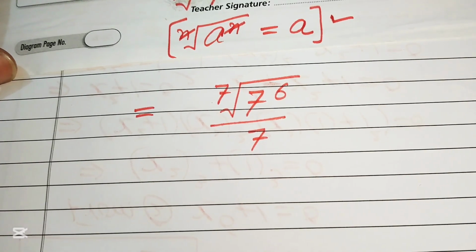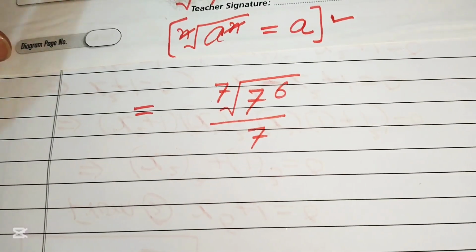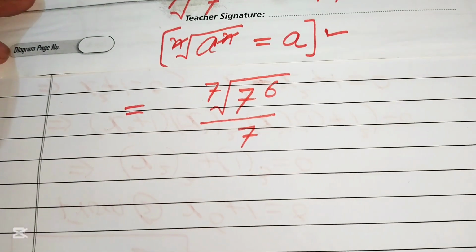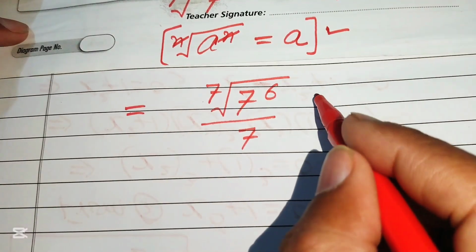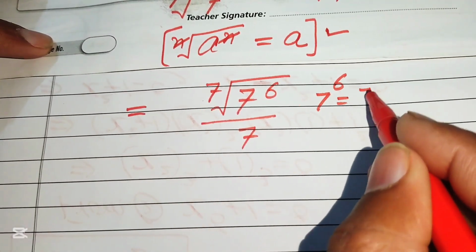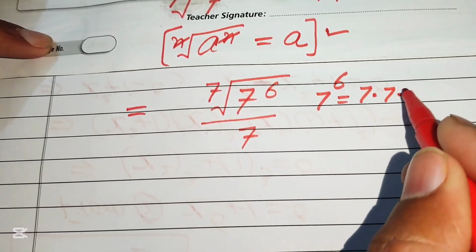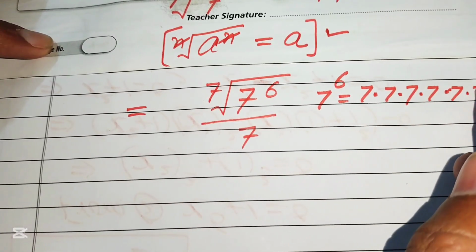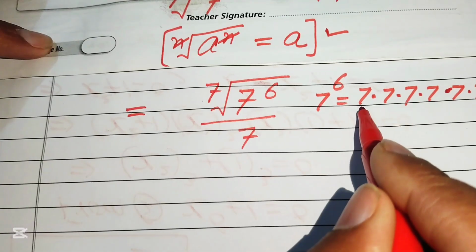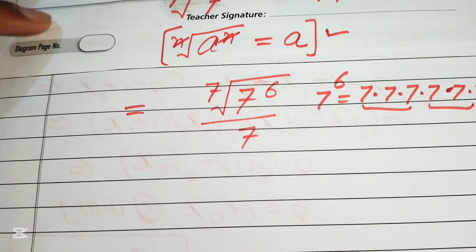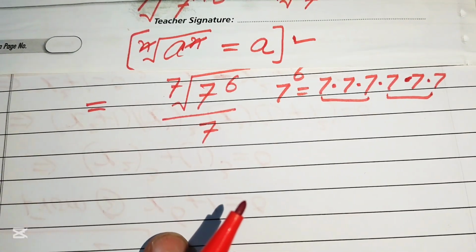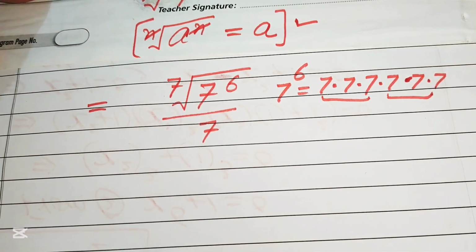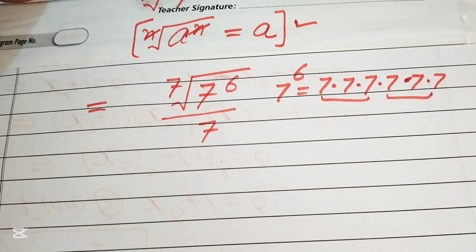In the numerator term we have 7 to the power of 6. The meaning of 7 to the power of 6 is that we multiply 7 by itself 6 times in this way. In order to multiply 7 by itself 6 times, we write it in this form.